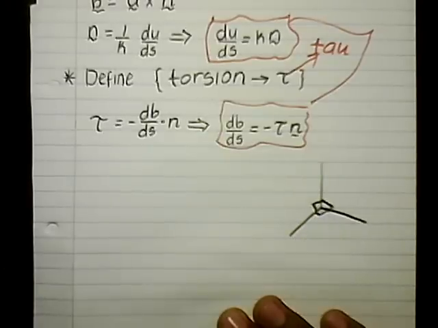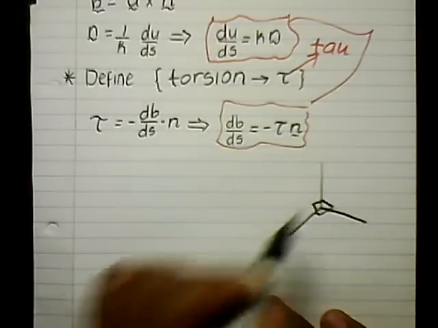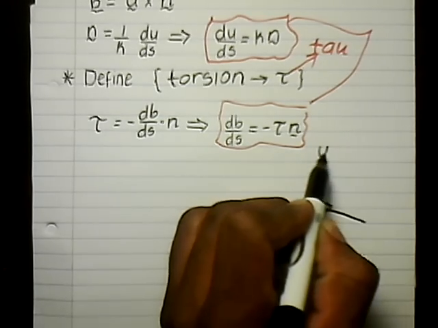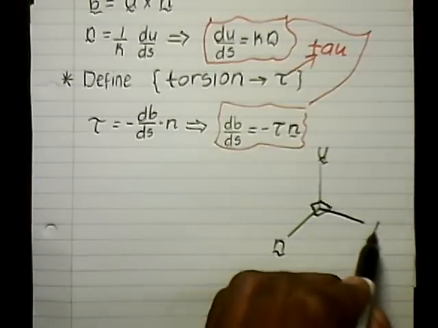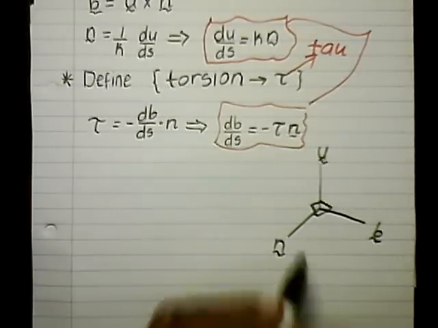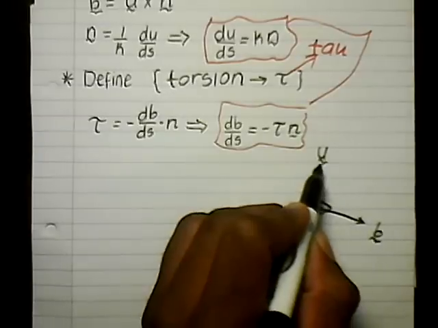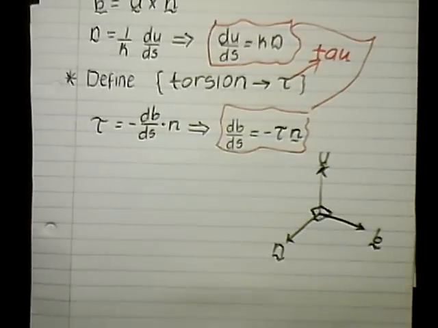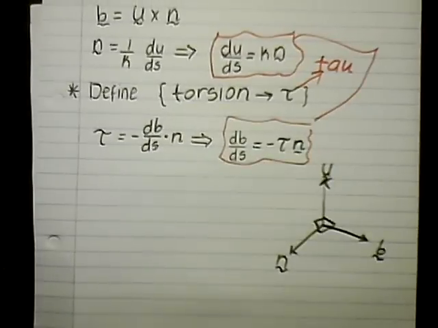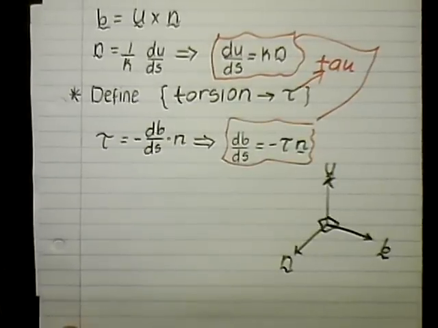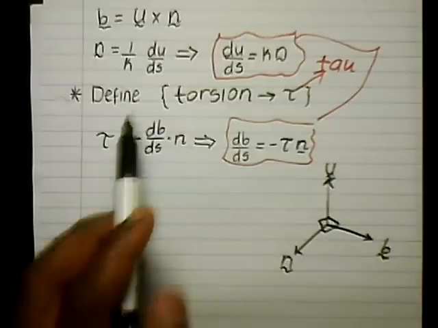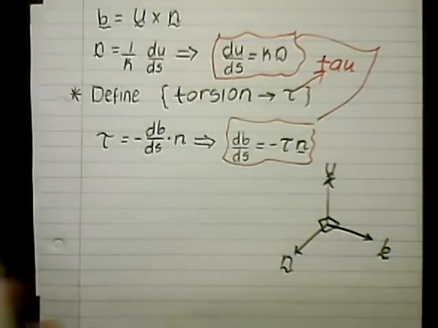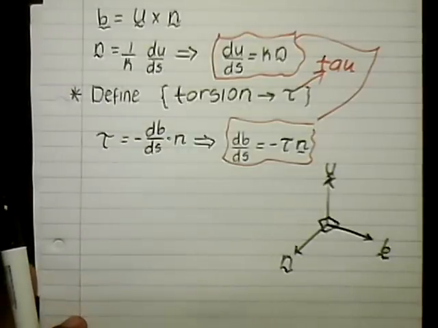Okay, and then let this vector here be u, and this vector be n, and let this vector here be b. So we have this 3D model. Now we said that b is equal to u cross n. You can pause the video and check it out, check if b is u cross n using your right hand rule.